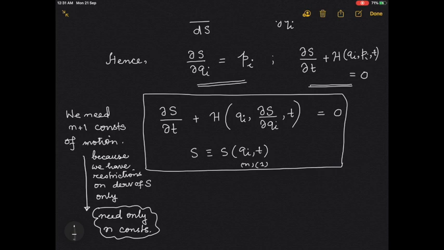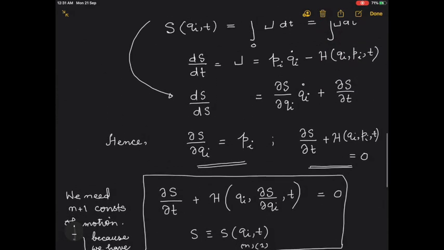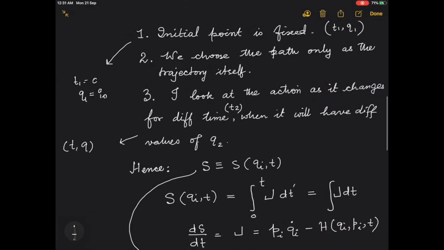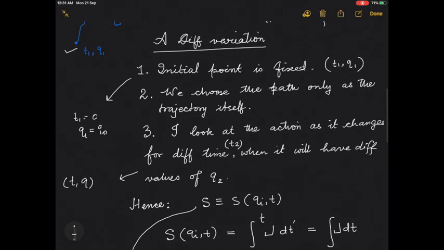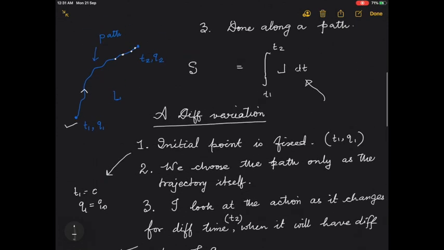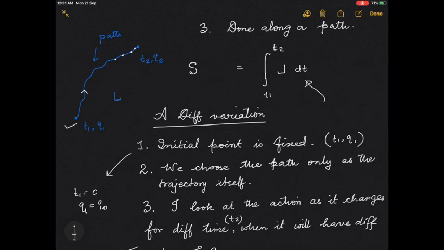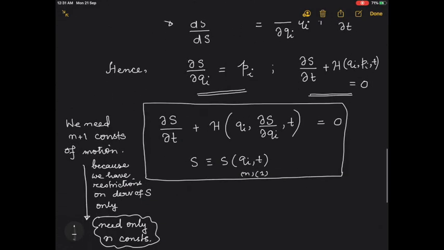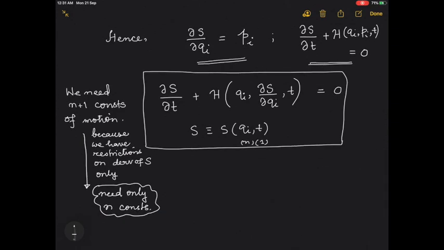So I have the other constants, but that will always add up to S, and because everywhere I have derivatives of S, if I set that constant to 0, it really doesn't matter. Okay, so this is what I got from a little different action principle, where these are the conditions for the variation. So we vary only along the trajectory, and we vary the endpoint. We keep the initial point fixed and vary the endpoints. So doing that, I get these nice relations between the S and H. Well, that's all right.